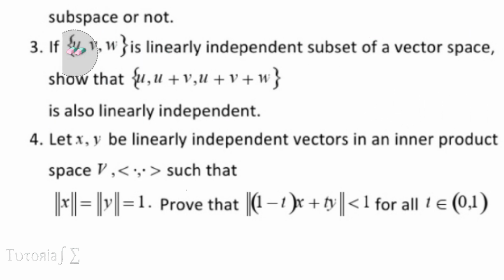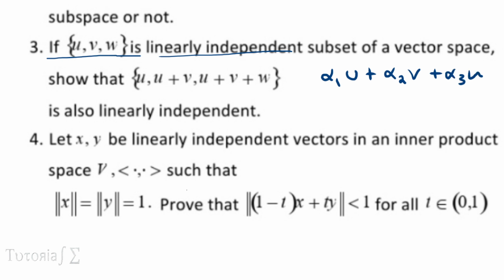All right, so the definition of linear independence. So we've been told that this is linearly independent, right? Yes. So now if these are linearly independent, then we can write them as a linear combination. That is alpha 1 times u plus alpha 2 times v plus alpha 3 times w.